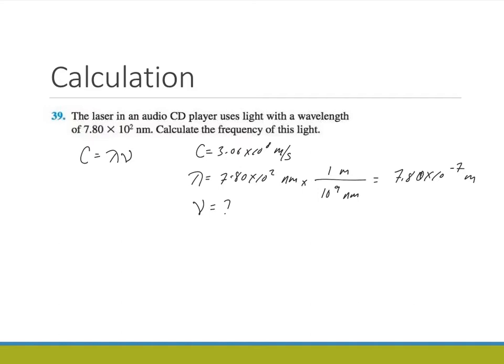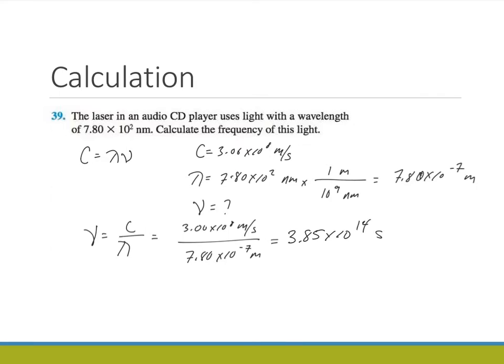So c is equal to lambda nu, or nu is equal to c over lambda, and 3.00 times 10 to the 8th meters per second over 7.80 times 10 to the negative 7th meters gives us 3.85 times 10 to the 14th inverse seconds, or hertz.